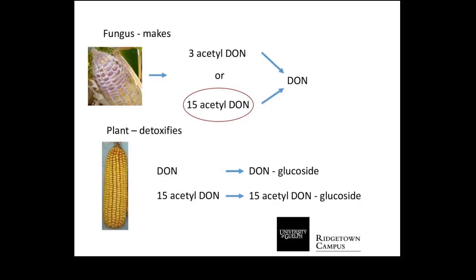What I wanted to do is to share with you that DAWN isn't just DAWN. We're finding there are other things going on, and this has a bearing on the sample kits or the testing kits that we use. So I wanted to explain just a couple of things about what happens with the fungus and what happens with the plant. DAWN has a precursor. There are 2 precursors, 3-acetyl-DAWN and 15-acetyl-DAWN.